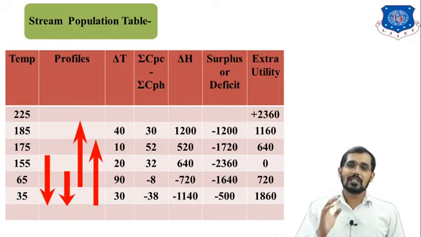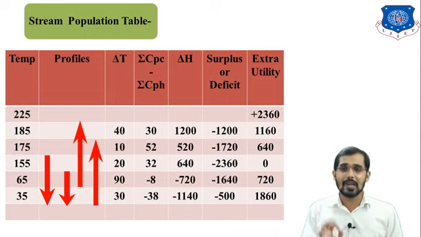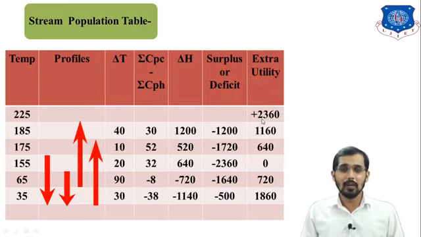After that we calculated the surplus and deficit values, and after that we took the most negative value, meaning the minimum heat, from the surplus and deficit column and just wrote it in extra utility in this manner. After that, in a cumulative manner, we found the extra utility.